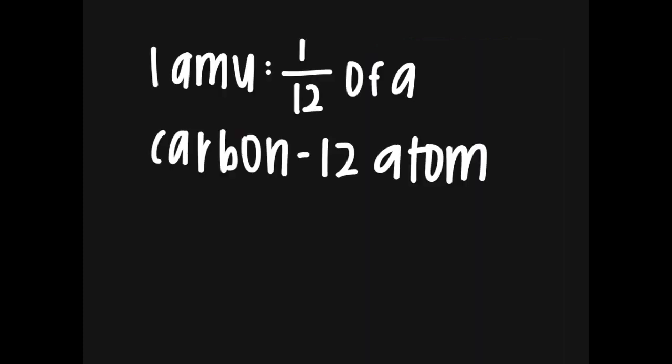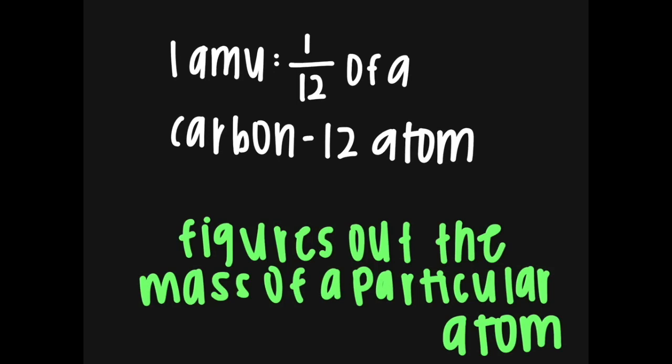The atomic mass is used to find the average mass of elements and molecules. Carbon atom has an atomic mass of exactly 12. 1 atomic mass unit is 1/12 of a carbon-12 atom. Not all atomic masses have whole numbers, but that's a different story. We can use this to figure out the mass of a particular atom. Pretty cool, right? It's mind-blowing.